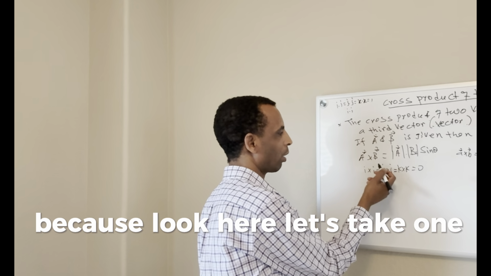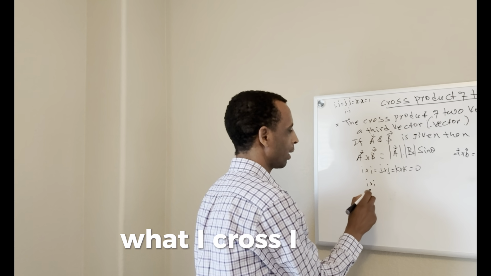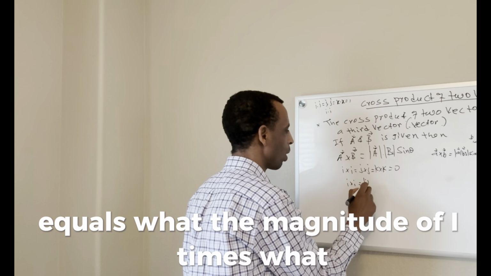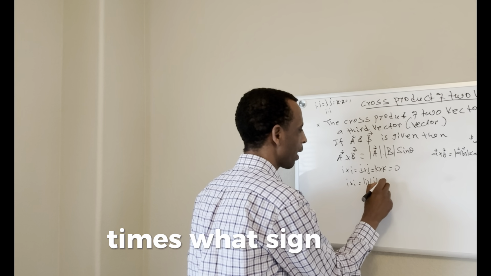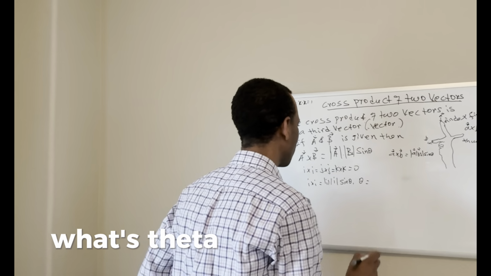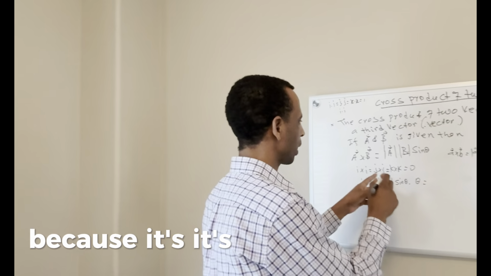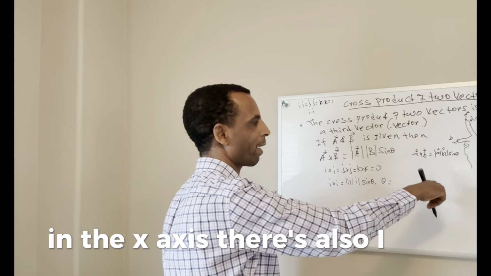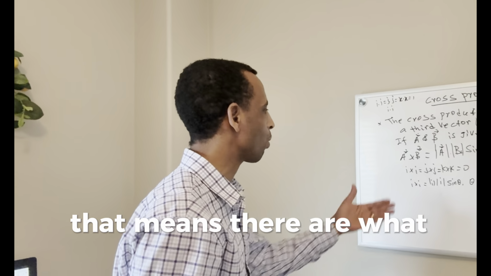Let's take one of them, I cross I. It equals the magnitude of I times the magnitude of I times sine of theta. In this case, theta is 0 degrees, because I is along the x-axis and the other I is also along the x-axis. That means they are parallel.